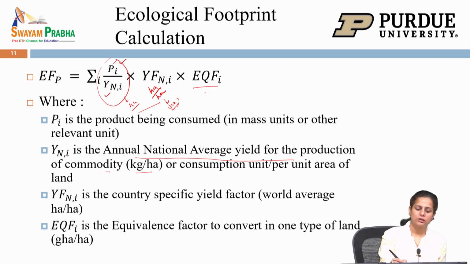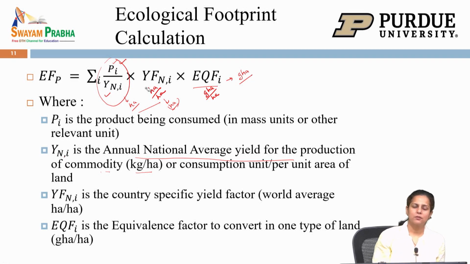So, the unit for this will be global hectares per hectare, and you will get basically the total ecological footprint in terms of global hectare. So, once again, the first term is giving us how much land is required in that particular region.